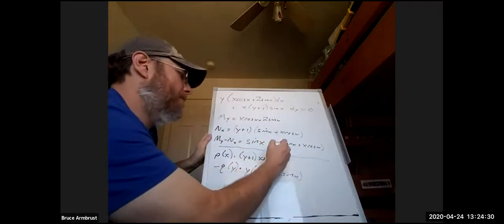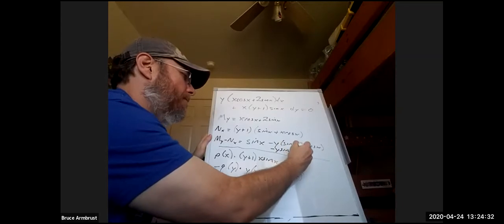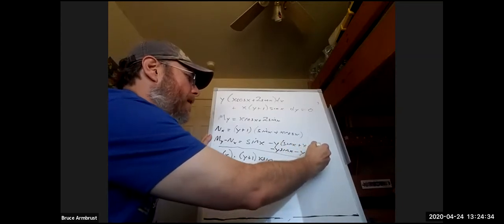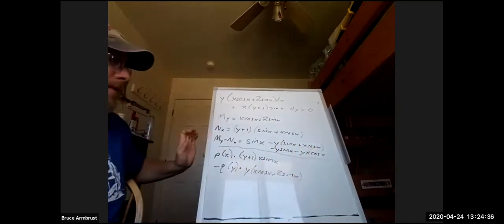So I'm actually going to start with this last piece, because if I distribute, this would have been a minus xy cosine of x. And if you look down below, the only place where we're going to get an xy cosine of x, that's going to be from here.